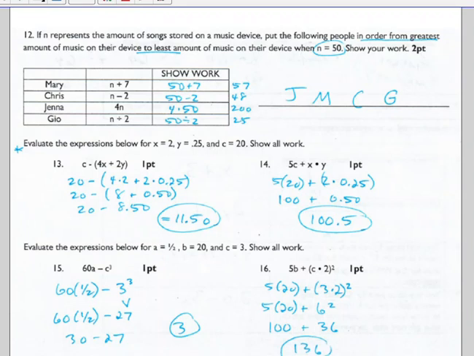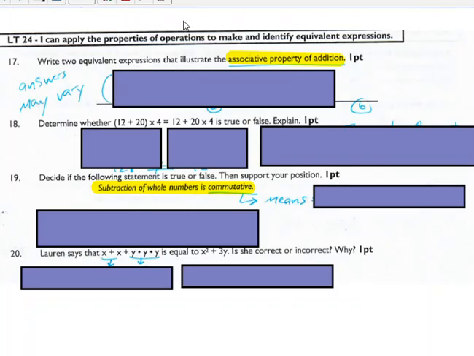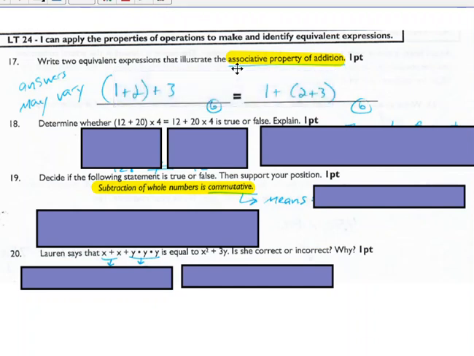All right, the next page here, this was a big chunk of your test. It was properties. You had to kind of apply the properties. Well, number 17, you had to find the associative property of addition. You had to prove that. What you want to remember with the associative property of addition is that you're really adding 3 things, but what changes when you're adding those 3 things is what you're associating or what you're grouping together.